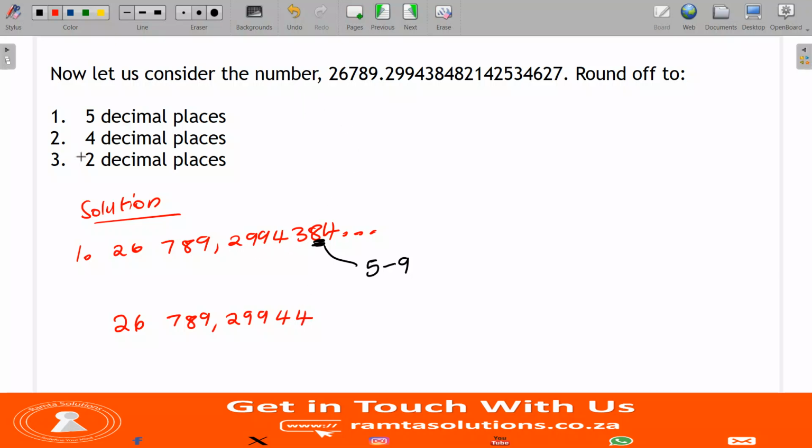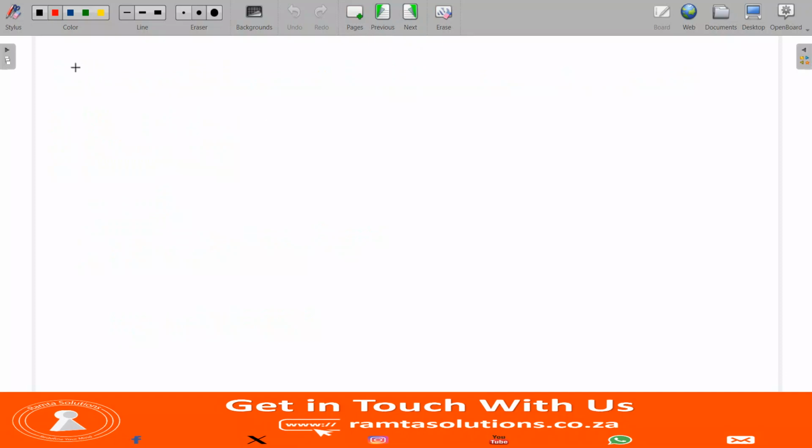All right, now let's go to number 2, 4 decimal places. Let's see what we can do. Number 2 was again 26,789 comma 2994384 and so on.